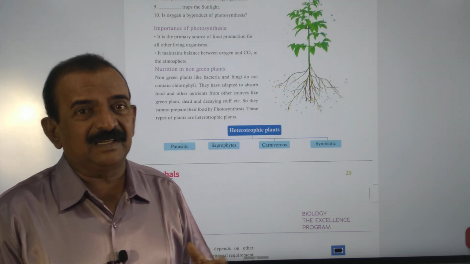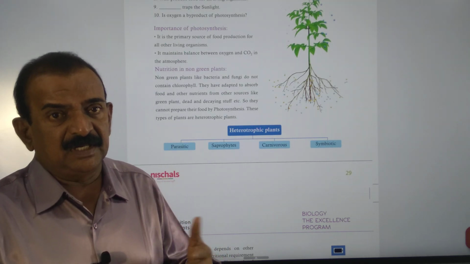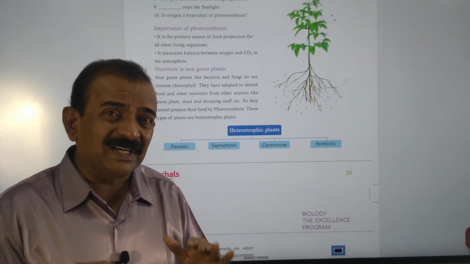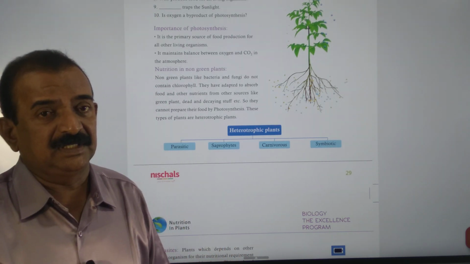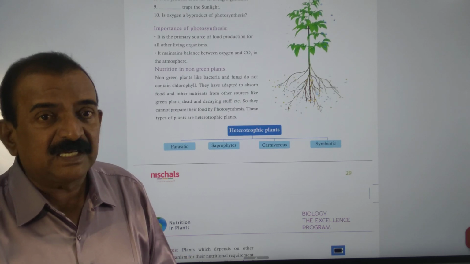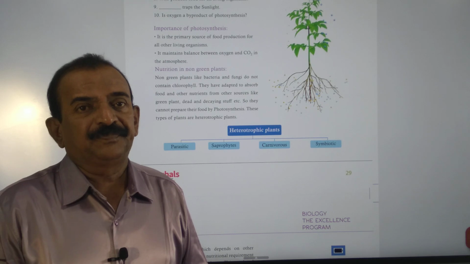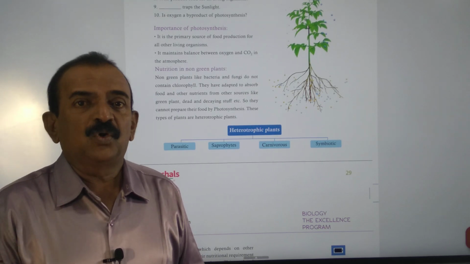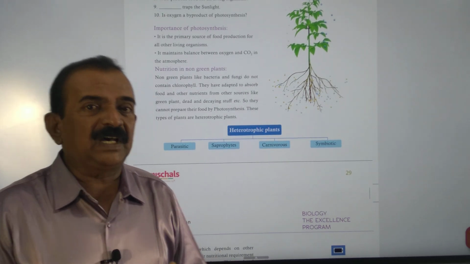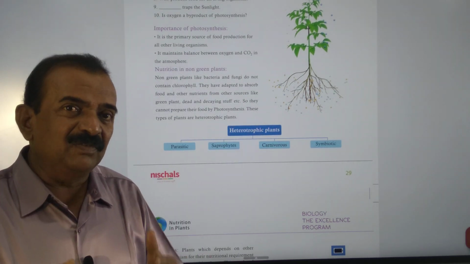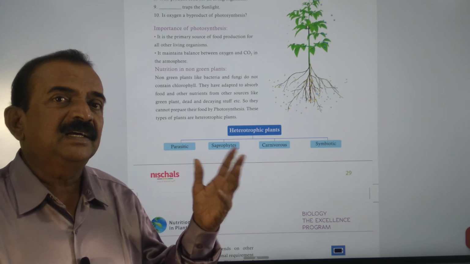That is the reason they are called autotrophs. We also discussed the raw materials and factors required for photosynthesis: sunlight, carbon dioxide, water and chlorophylls, and that information is in the flow chart.